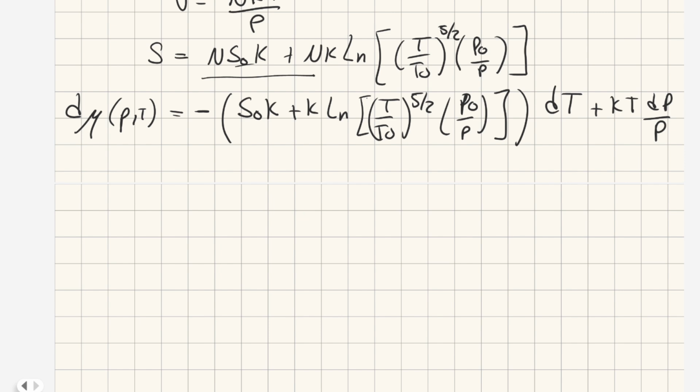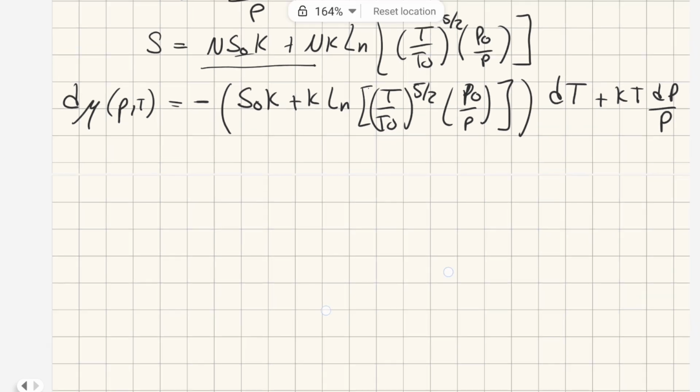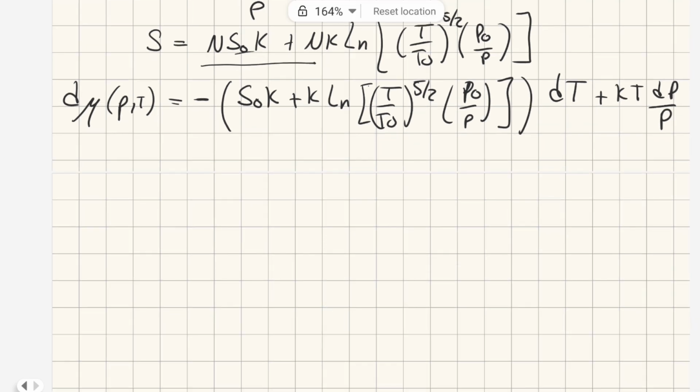Okay, but how are we going to do that? Remember that in thermodynamics, we have thermodynamical processes, and that means that we are going to go from an initial state to a final state.